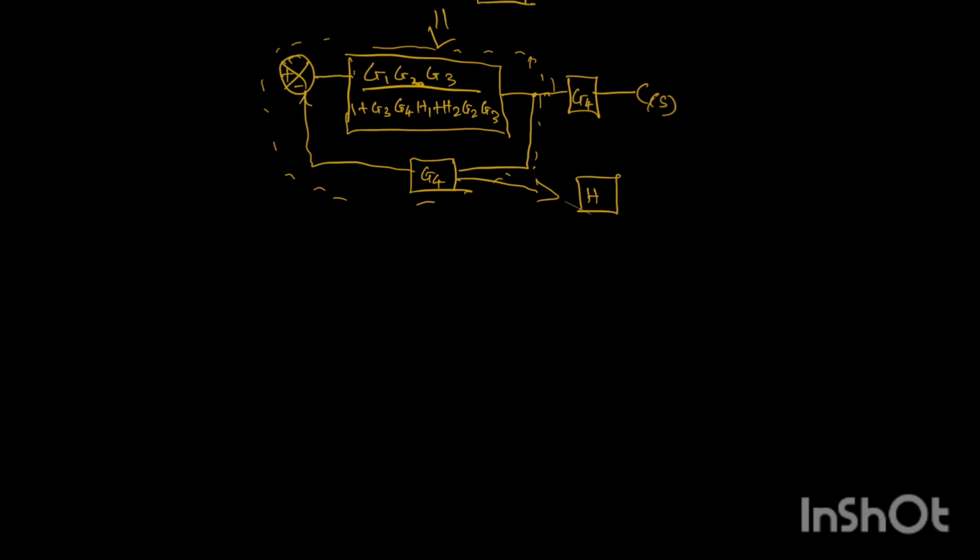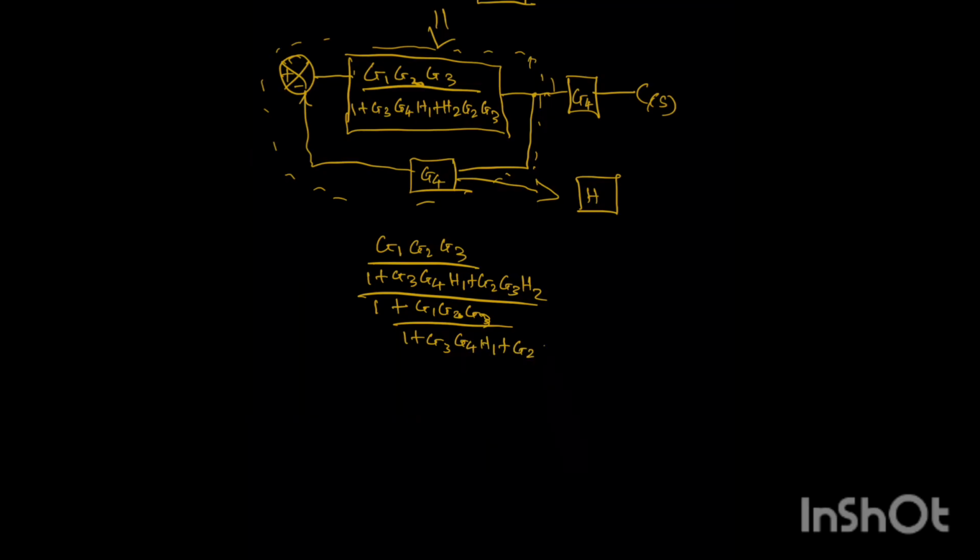If we resolve this now, we'll be having G1, G2, G3 all over 1 plus G3, G4, H1 plus G2, G3, H2, all over 1 plus G1, G2, G3 all over 1 plus G3 G4 H1 plus G2 G3 H2, times our H over here, which is acting as our feedback, so times G4.